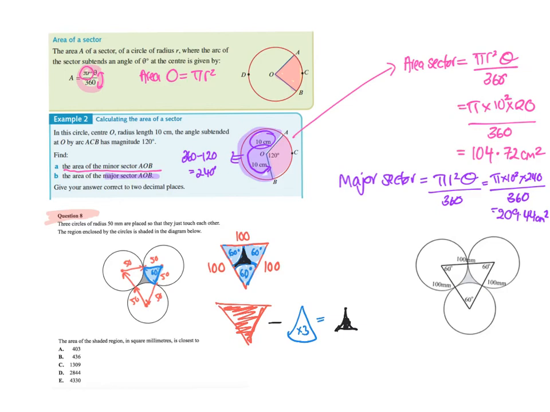So off we go. What we're going to do is find the area of a triangle. It depends which formula you want to use, but we can use Heron's formula there.